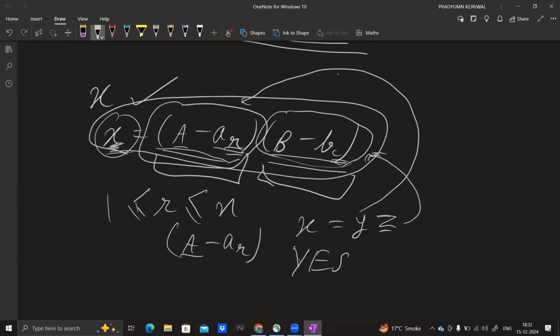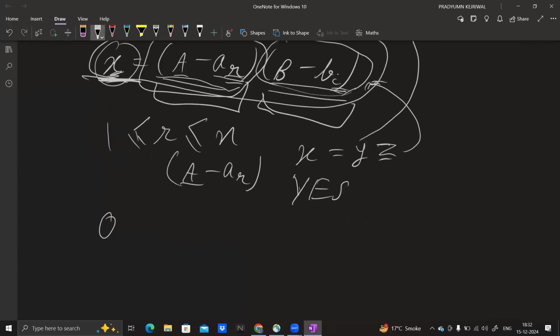So now it boils down to the problem of factorization. We just need to factorize x into two factors, right? And you can do that in O of root x, O of square root of x. You can iterate from 1 to square root of x, and then you will end up with one factor.